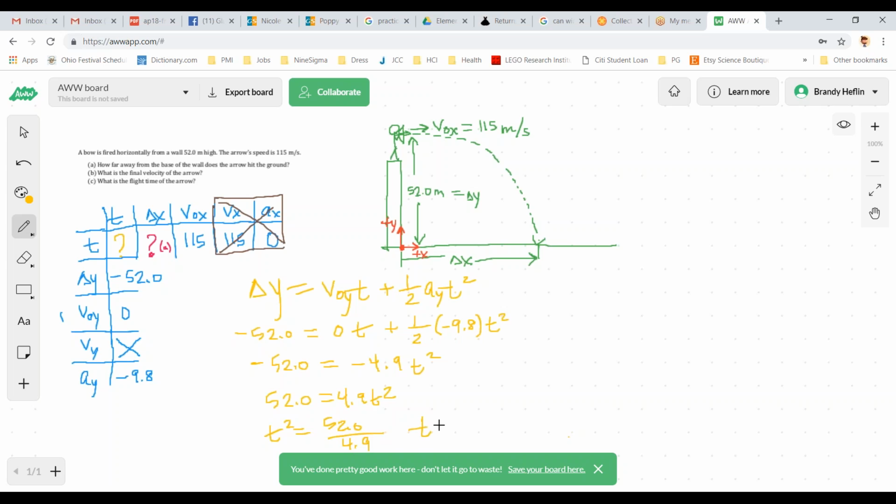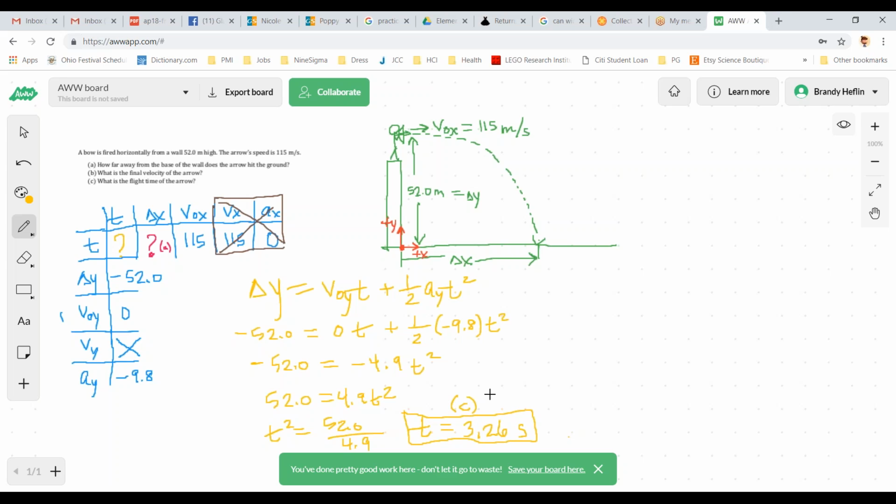So I went ahead and just plugged into my calculator the square root of 52 divided by 4.9, and I got a time of 3.26 seconds. So even though that was part C, turns out we had to do that one first.